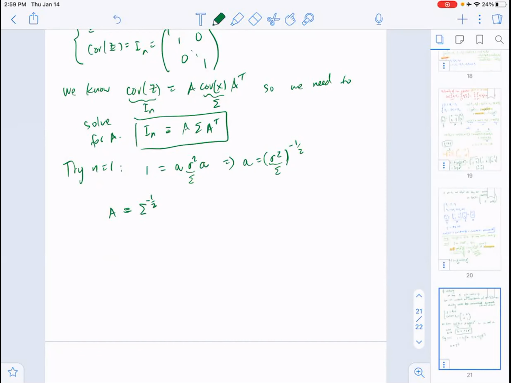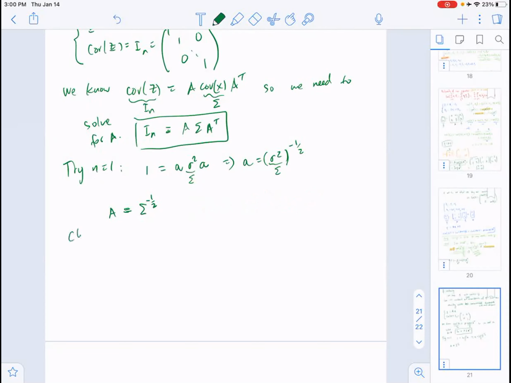So if you have this, what does this mean? This means that A times A would be sigma minus 1/2 times sigma minus 1/2, which is sigma minus 1. This has the property that it's the inverse of the square root matrix, if you remember.